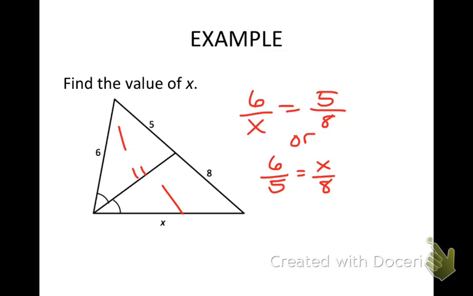So either way works. I see it the way Brent saw it, straight up and down. I'm more of a vertical thinker. So if we cross multiply that, we get 5x is equal to 48. 48 divided by 5, 9.6. Good. Write it as you see it.